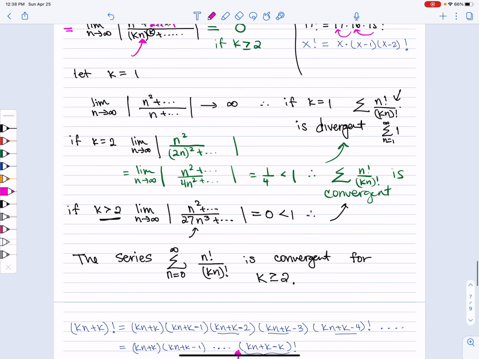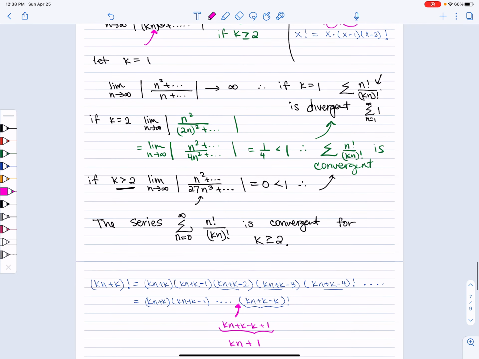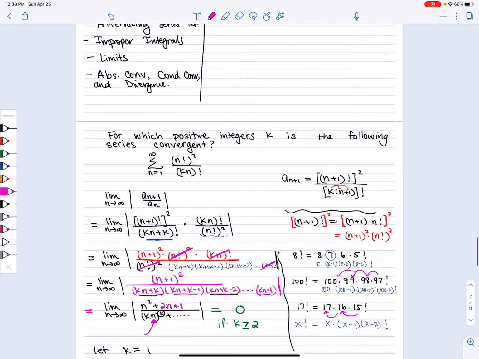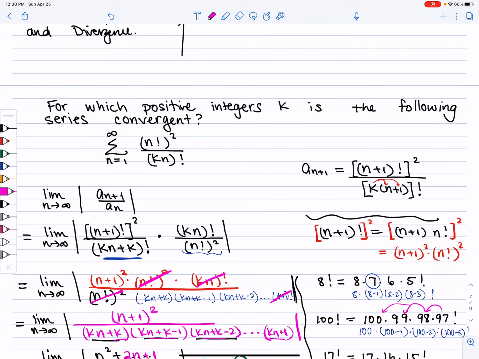All right, here we have another long example. So I'm going to stop here, but in this problem, we were looking for the values of k such that the series will converge or diverge. Okay. So if I go back to the original problem, if I let k be equal to 1, then the series will diverge.